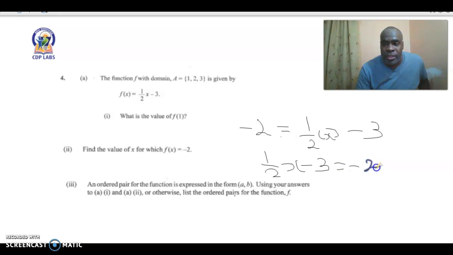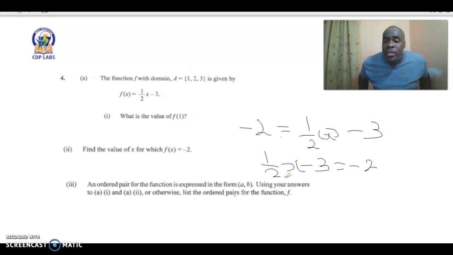It looks easier to work with that way. The question you ask yourself is very simple: what number, when I take away 3 from it, will give us negative 2? Here, half x is a single number.